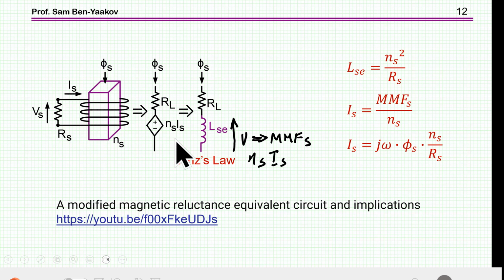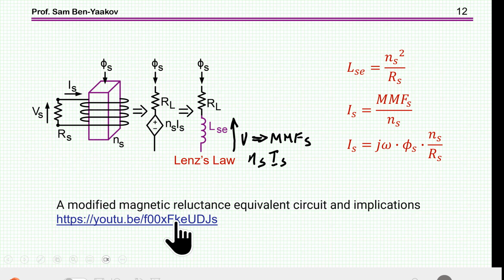Now the classical way to model this part by a magnetic reluctance equivalent circuit is to have a resistor which represents the reluctance, and then a voltage source, N times I, which is the MMF. So this is the classical way of modeling this part in a magnetic reluctance equivalent circuit.